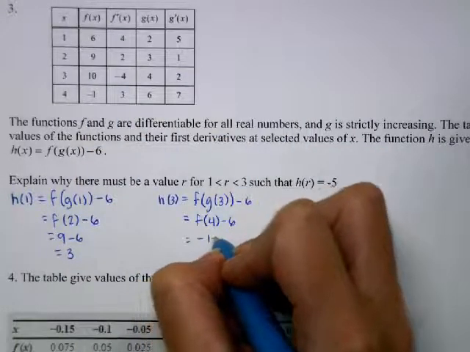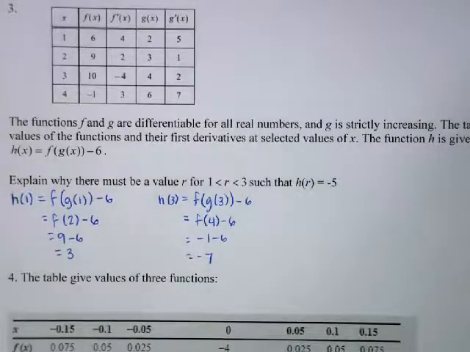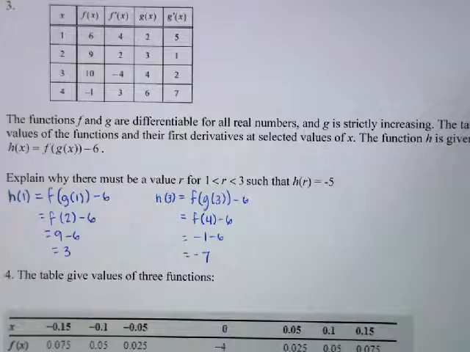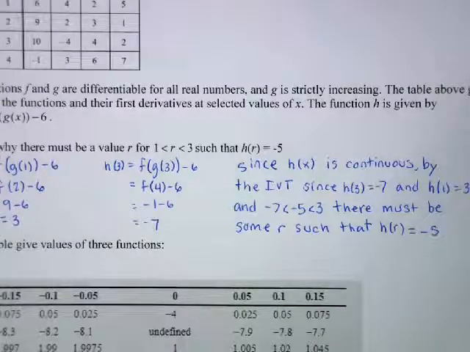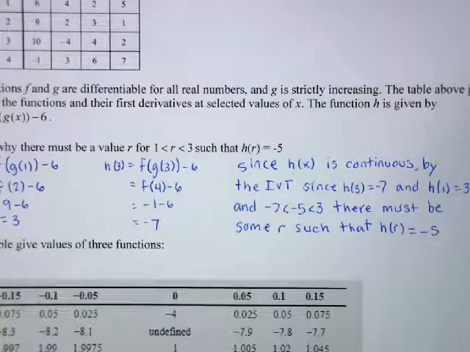So I'm going to write out the intermediate value theorem. Our statement: since h is continuous, we have to state that. And for this problem, we're told it's differentiable, which is going to imply continuity. We will get to that soon.